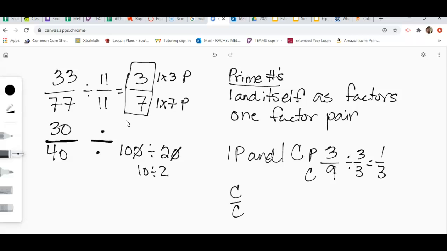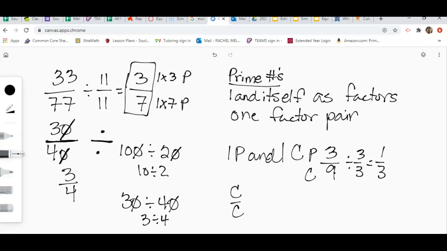So if I write this like that, 30 divided by 40, this is another way of saying 30/40ths, 30 divided by 40. Well, can I match up some zeros and get rid of them? Absolutely, and then I'm left with 3 divided by 4, right? So over here, I can do this, and now I have 3/4.